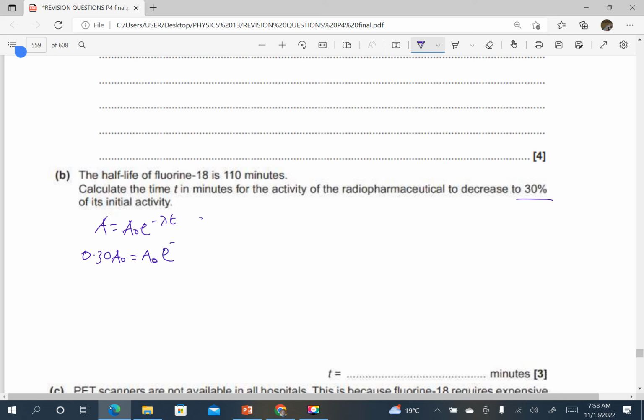Remember, we know that lambda is equal to ln of 2 divided by t half, that is over half-life. So this is going to be negative lambda, which is ln of 2 over 110, because we want the answer in minutes, over half-life, which is 110. And this is times t.